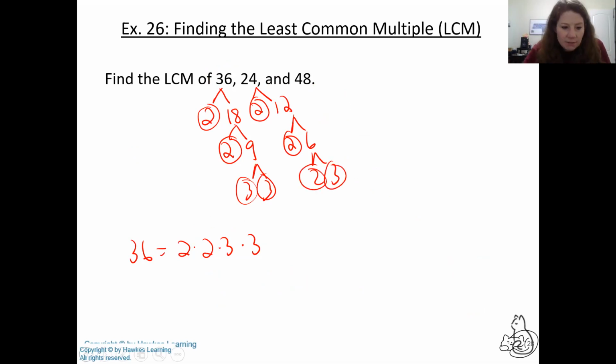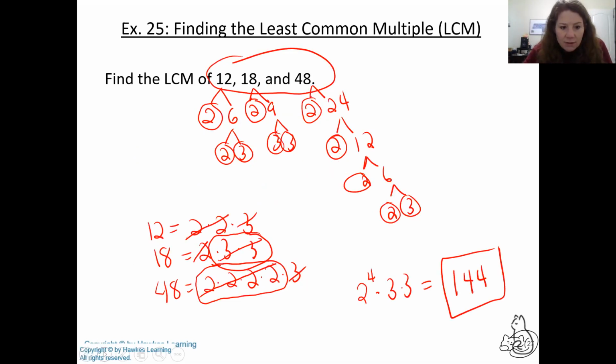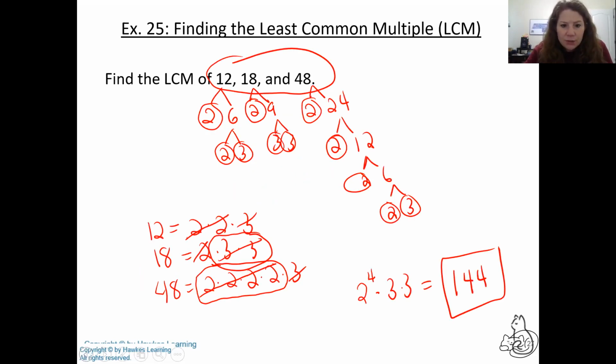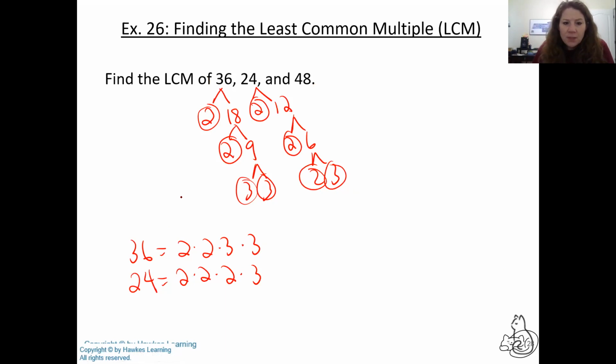Didn't we just do this? Almost, not quite. So we have 1, 2, 3 and 1, 2, 3 times 3. And then 48, we did on the last screen, which would be 4 twos, 1, 2, 3, 4 times 3.